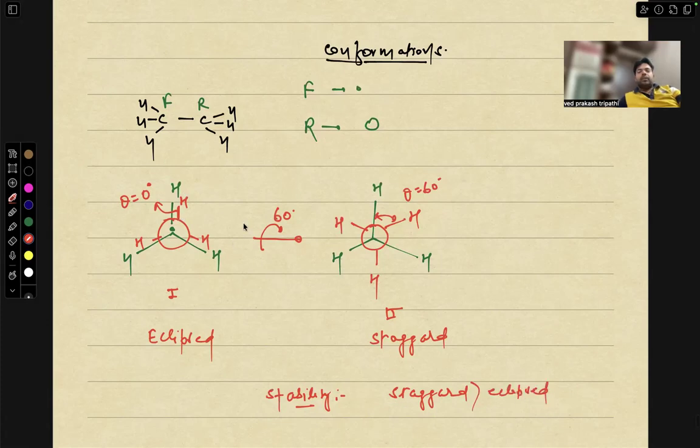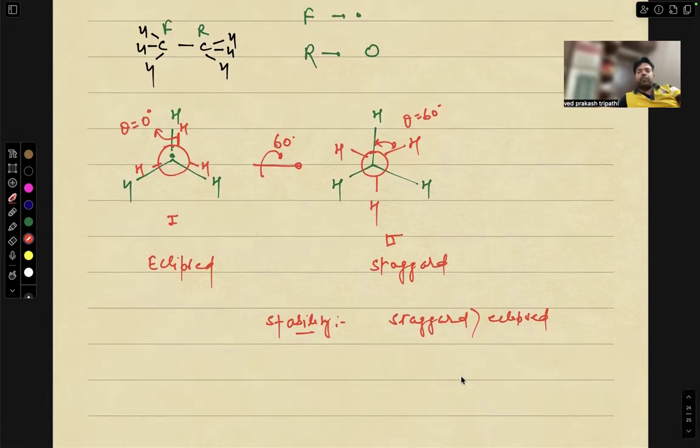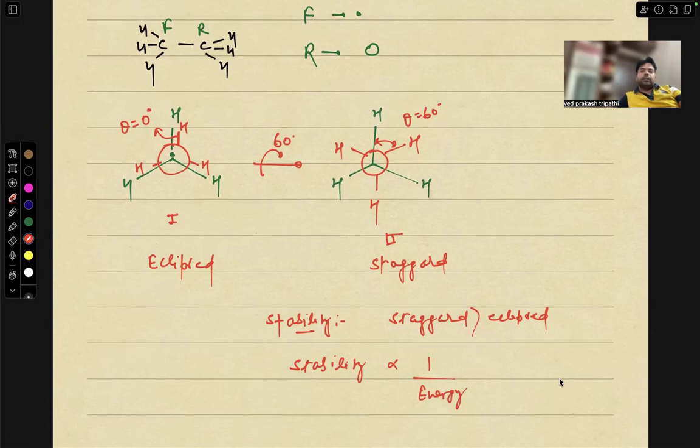In eclipsed, the bonds are very close, so they have repulsion. That's why it has the highest energy. In staggered, they are a bit far from each other, so less repulsion, which means more stability. So we can say stability and energy are inverse of each other: the higher the energy, the lower the stability.